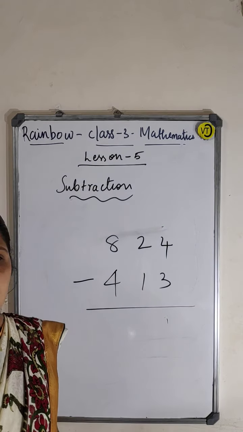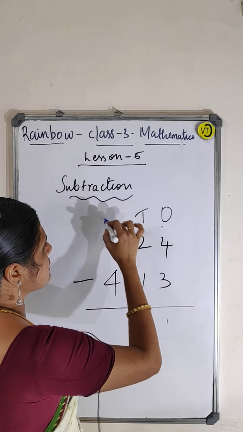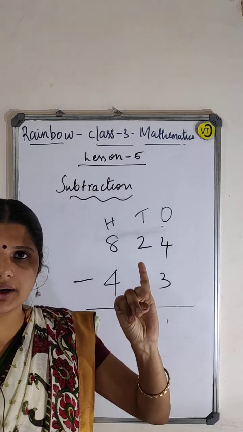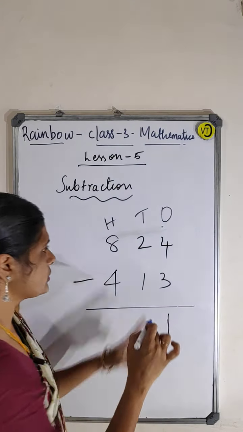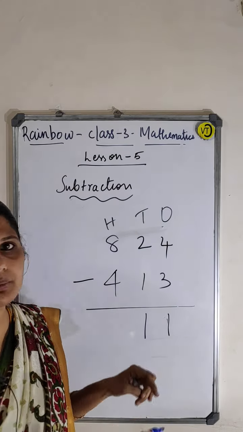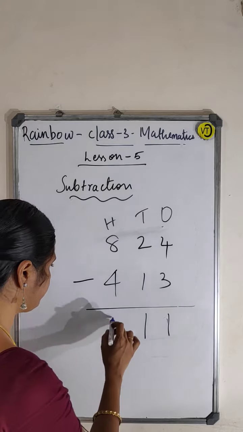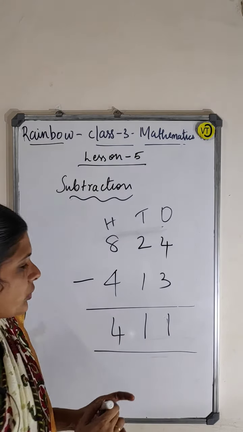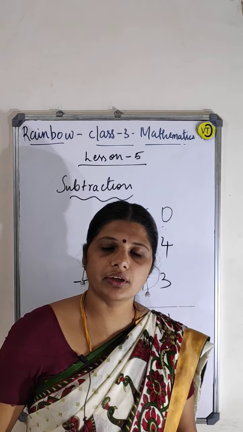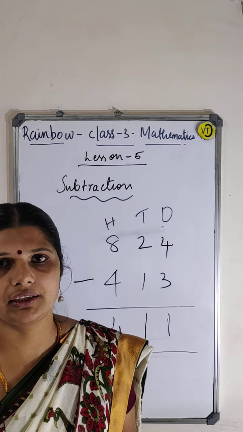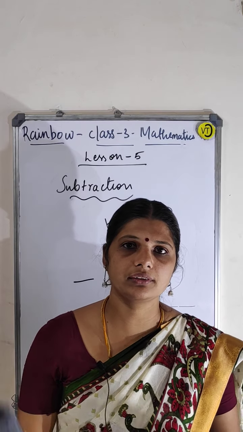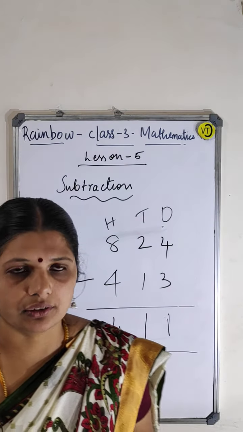How to do it? Ones, tens, hundreds. 4 minus 3 is 1. 2 minus 1 is 1. 8 minus 4 is 4. So 411 is the answer. Without regrouping you can easily find it. But you have to concentrate on the ones with regrouping.